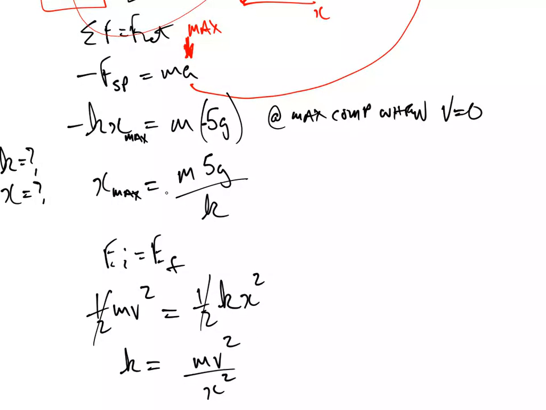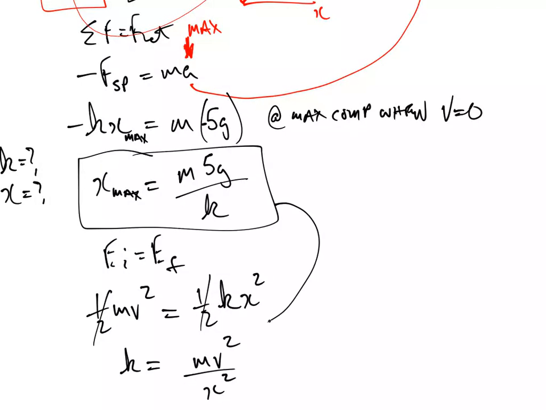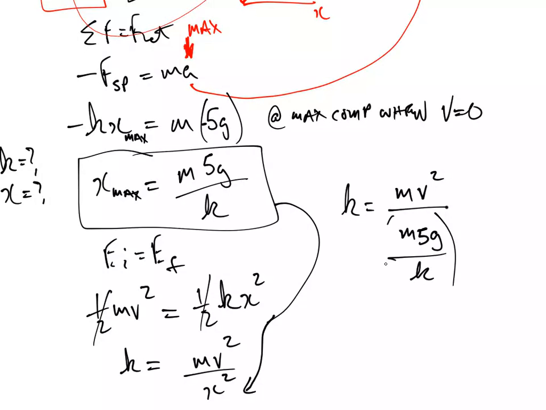Now, if we substitute this x into here, we're going to get k equals m v squared all over m 5g all over k, and all that squared.